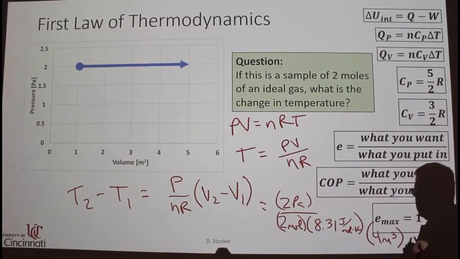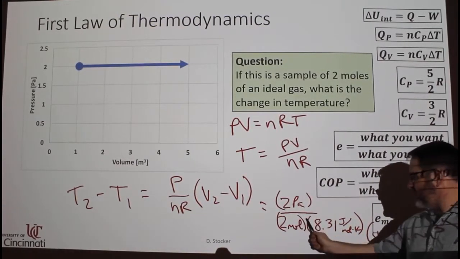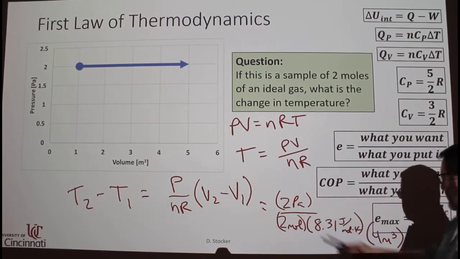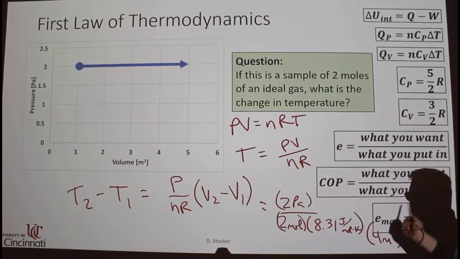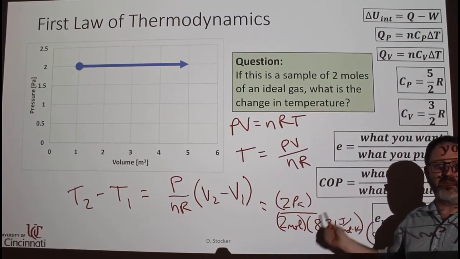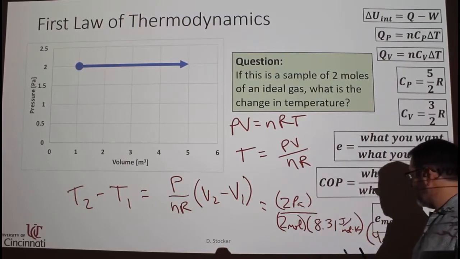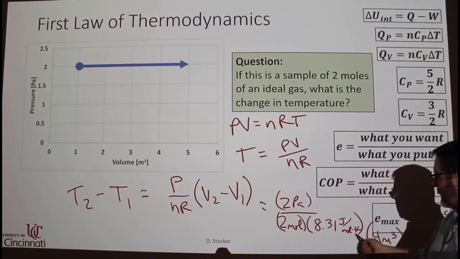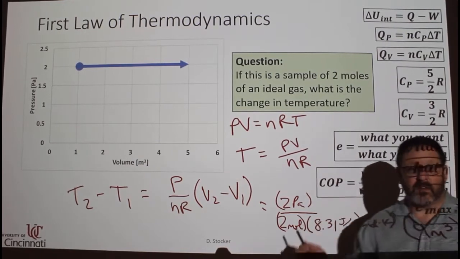All right, and those are nasty. I can see that the moles cancel. The rest, kelvins, joules, pascals, and cubic meters, I'm just going to trust that those are also going to cancel out because I've used SI units everywhere. So T2 minus T1, this will be in Kelvin, so we'll get the answer in Kelvin.